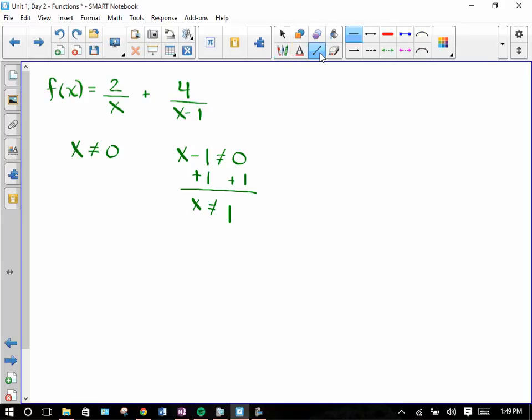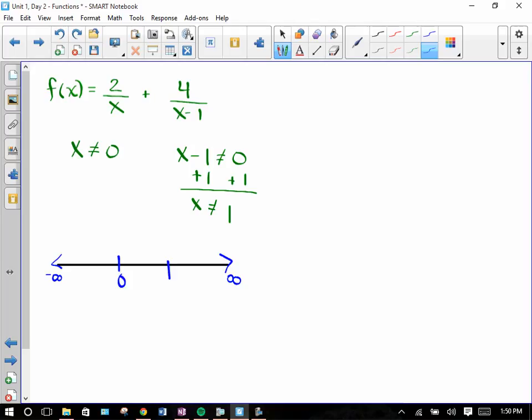Not making another line. Got my negative infinity, my positive infinity. I have 2 numbers here that I'm concerned about. I'm concerned about 0, I'm concerned about 1. It can't be 0, it can't be 1. Anything else is fair game.